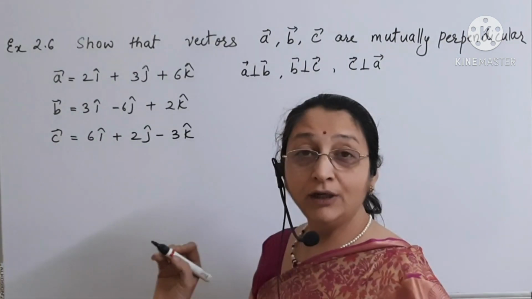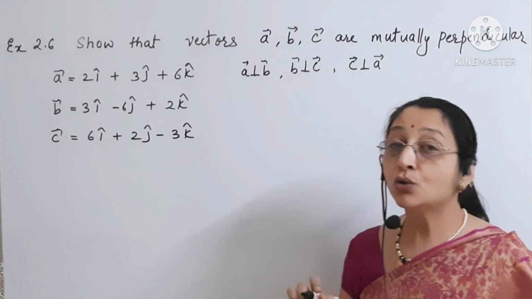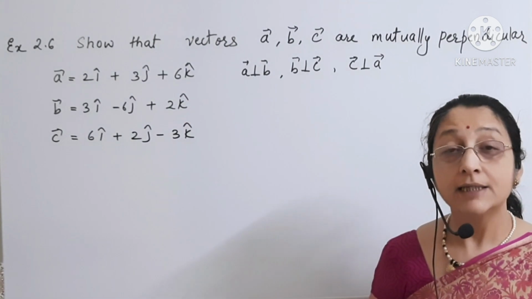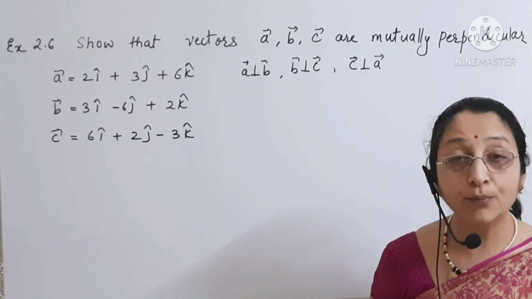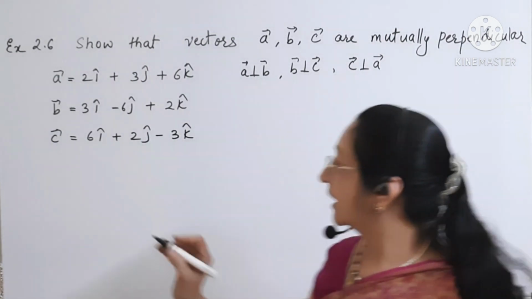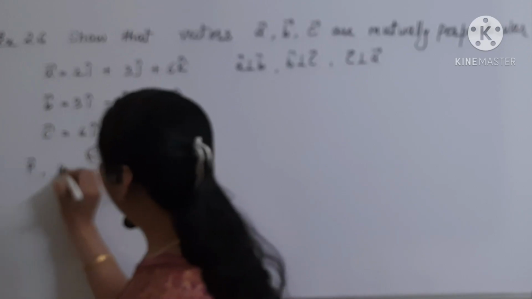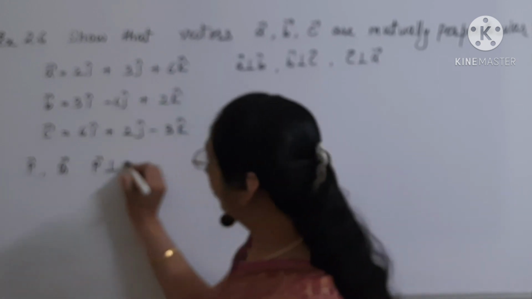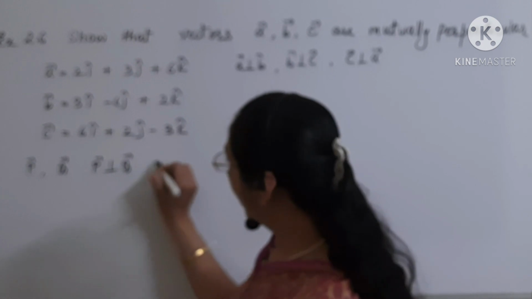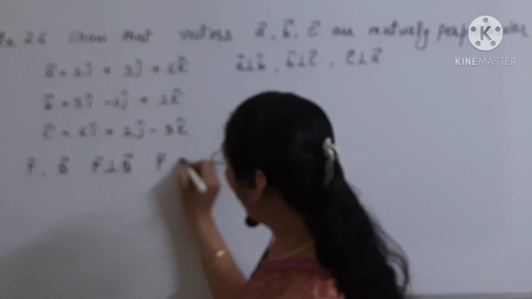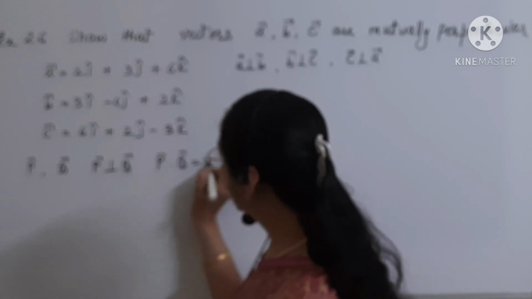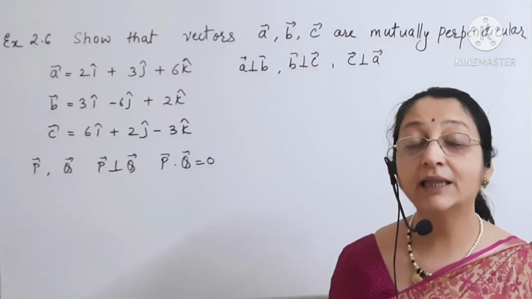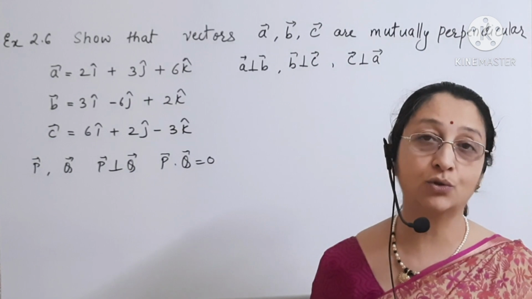Now we know that when two vectors are perpendicular to each other, their scalar product or the dot product is 0. म्हणजे if P is a vector and if Q is a vector and if P is perpendicular to vector Q, then P dot Q equal to 0. म्हणजे जेव्हा ते दोन वेक्टर्स एकमेकांना परपेंडिक्युलर असतात तेव्हा त्यांचा डॉट प्रोडक्ट हा 0 असतो.